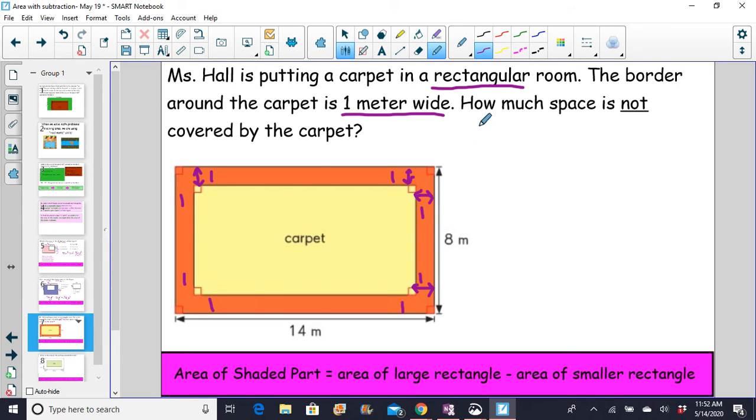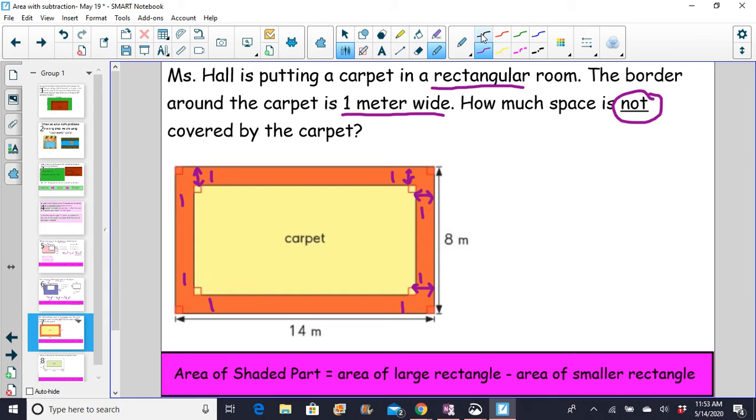We have to find how much space is not, important, underlined, is not covered by the carpet. So I'm finding the orange space, that orange pathway around the edge of the carpet. Okay, so we need to follow our usual procedures.